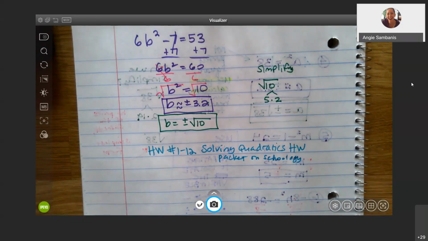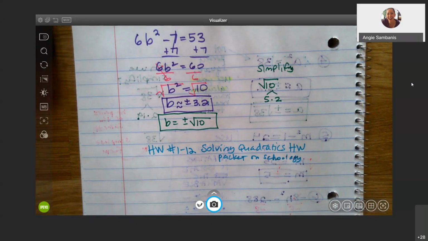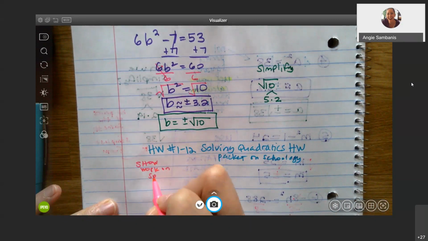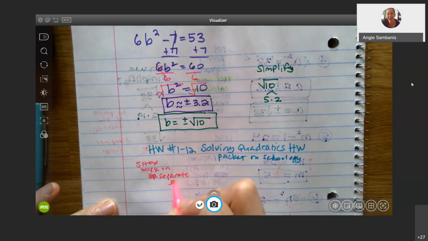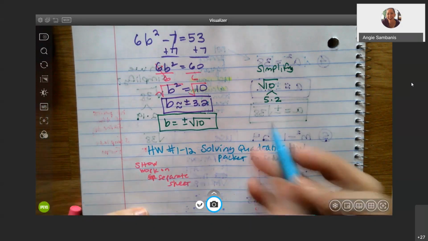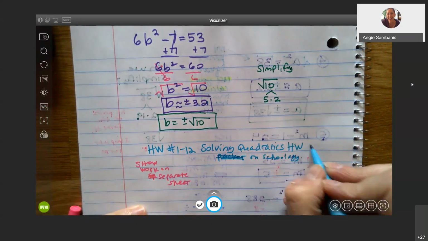You don't have to print it out. Or you can print it out and put it on there. So it's up to you. Okay, not packet. Let's put document.